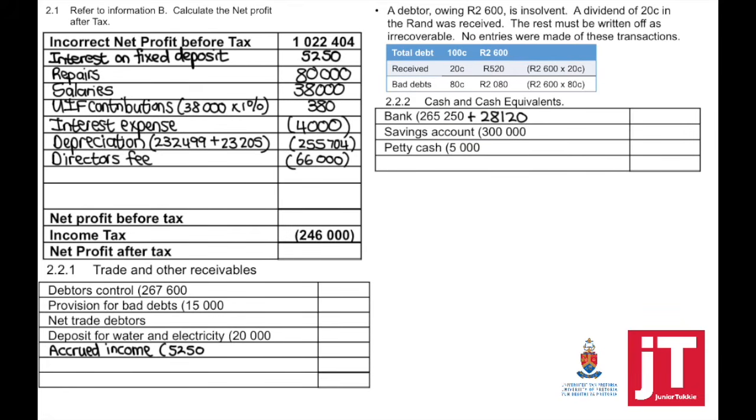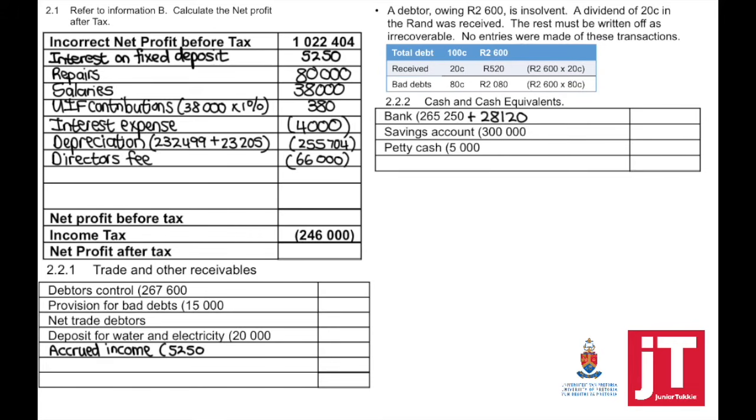If we look at our calculation, the total debt is 2,600. We've received 20 cents, so this means for every 1 rand or 100 cents outstanding, we've received 20 cents, which means 80 cents must be written off as bad debts.